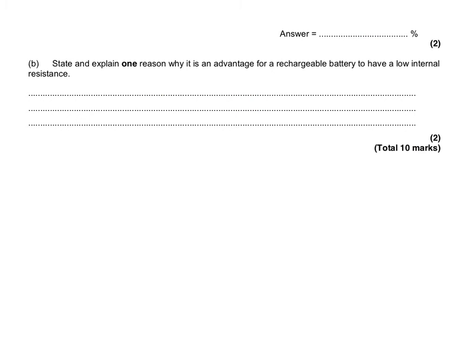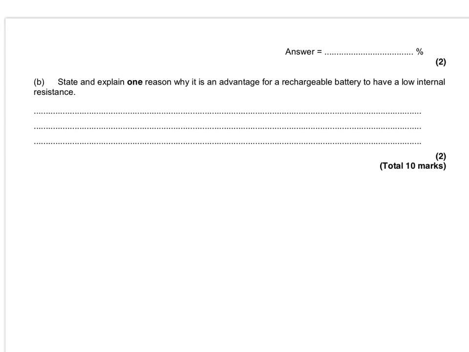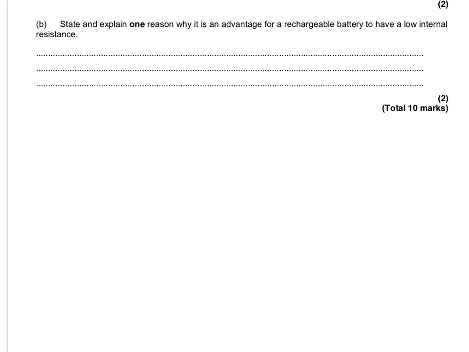So then it's asking, why might it be an advantage for a rechargeable battery like this to have a low internal resistance? And there's a few different things. So low internal resistance means that you have low total resistance in your circuit, which means you have a high current.